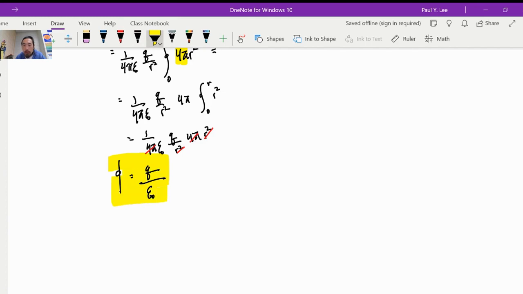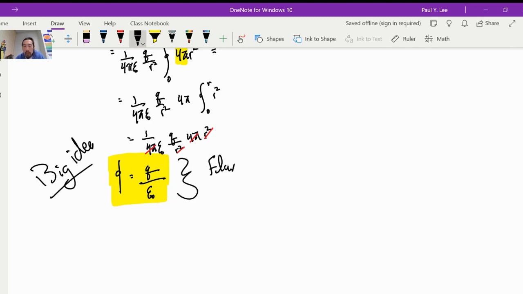Highlight that, and we'll go into the importance of this formula in just a little bit. So important, I'm going to write big idea. Okay, so this is a big idea, and let's just phrase it. This is the flux for an enclosed charge. This is what we get.